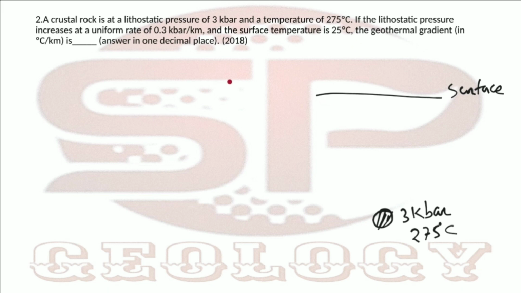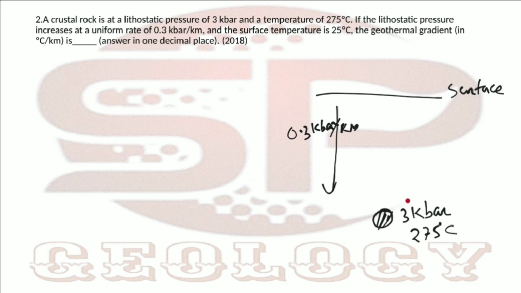The lithostatic pressure gradient is given, it is increasing at a uniform rate of 0.3 kilobar per kilometer.